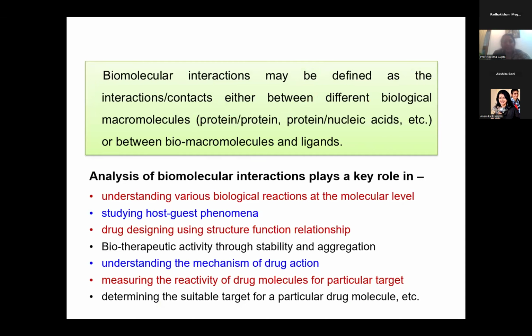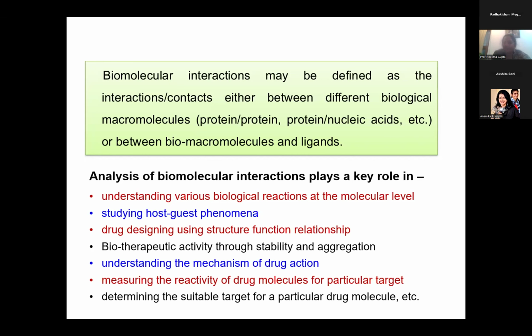Biomolecular interactions, as I said, have to be identified to proceed further. They may be defined as the interactions and contacts either between different biological macromolecules, protein, nucleic acid, etc., or between a biomacromolecule and a ligand.